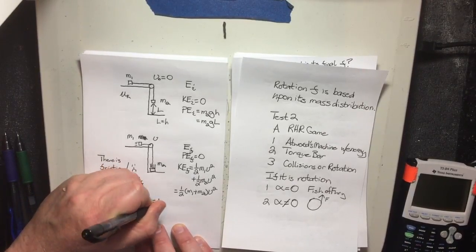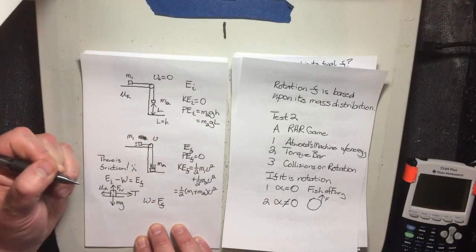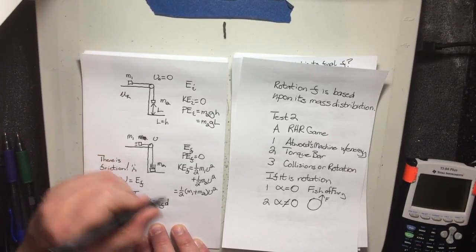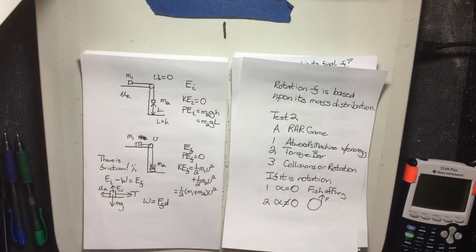Work is the friction force times the distance. What is the value of the distance that block 1 has moved? L. Because if block 2 drops L meters, block 1 will shift L meters as well.